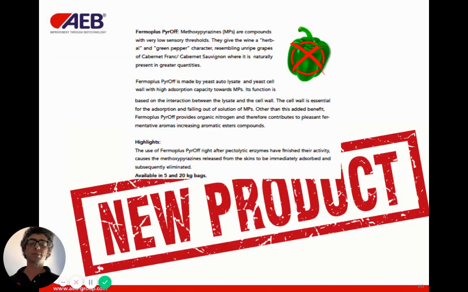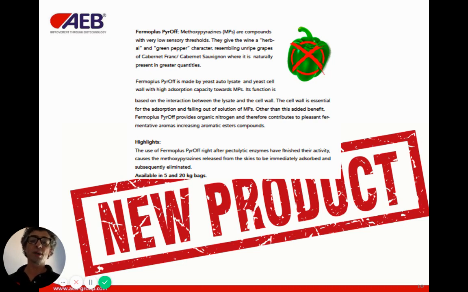Another product, we call it a new product because it went in our first trials toward the end of last year. We call it Thermoplast P-RAF because it has the peculiarity of capturing methoxypyrazines, which come from the vineyard and give that green, peppery note to certain varieties like Cabernet Sauvignon, Cabernet Franc, Merlot and many others, especially when there is not enough exposure to the light.